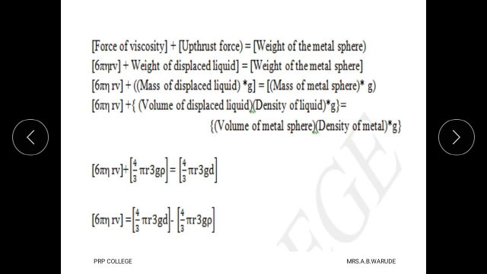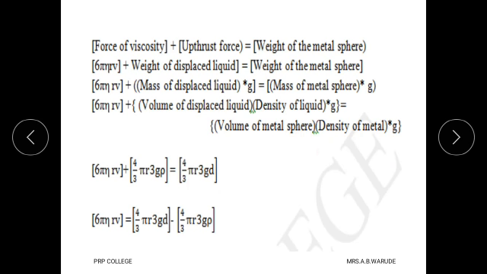When we consider the density of liquid as rho, then it is rho and this g as it is, but the volume of displaced liquid is given by the formula 4 upon 3 pi r cube, where r is the radius of that glass tube. Then it is equal to, again, the density of metal is considered as D, the gravitational force is the same, and the volume of the metal sphere is given by 4 by 3 pi r cube.